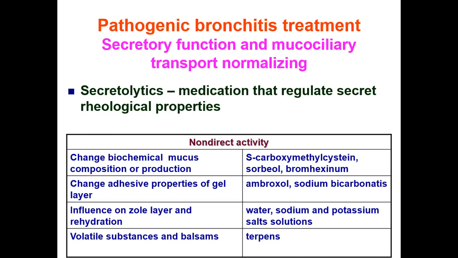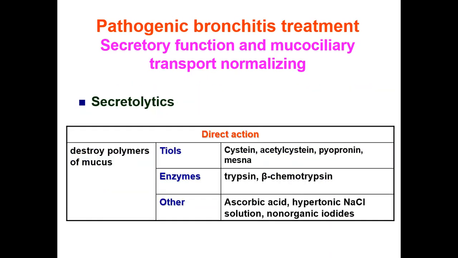Secretolytics are medications that regulate secretolytic properties, change biochemical mucus composition or production, with indirect activity. They change adhesive properties of the gel layer, influence the sol layer and rehydration, volatile substances and balsams.